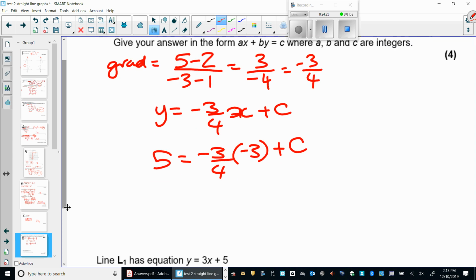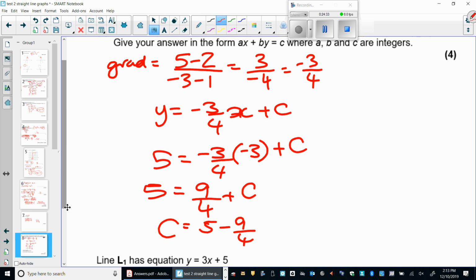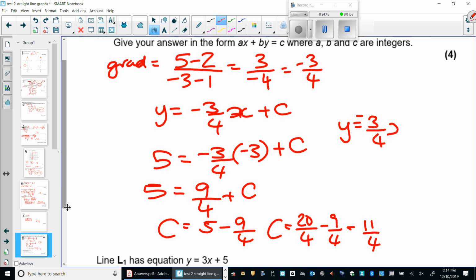Alright, so we've got 5 equals positive 9 over 4 plus c. c is 5 subtract 9 over 4. Well, if we're talking about quarters, this is going to be 20 over 4 minus 9 over 4, which is 11 over 4. So we've got y equals negative 3/4 x plus 11 over 4.